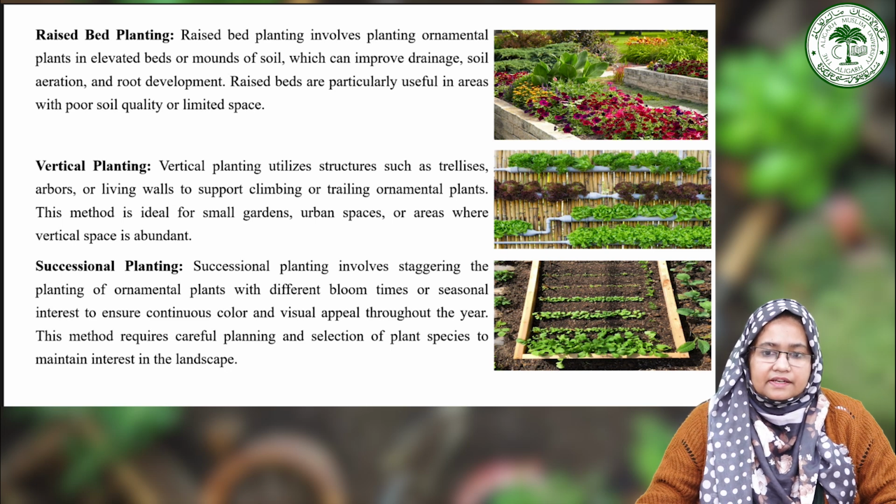Successional planting creates dynamic and ever changing displays, ensuring that the garden remains vibrant and engaging across different seasons. This is an example of successional planting in which seeds are grown at different times for the blooming period of the different types of samples.